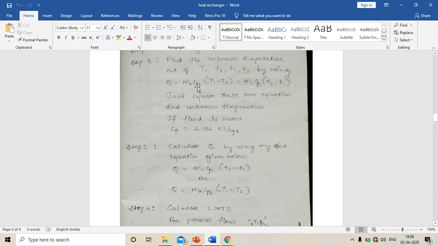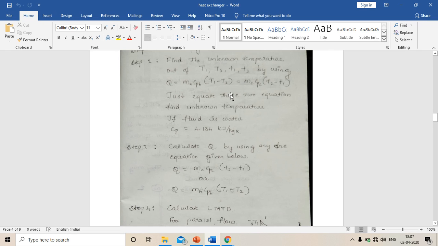And what you need to do is just equate these equations, mHCpH into capital T1 minus capital T2 equal to mcCpc into small t2 minus small t1. Out of this, mH will be given, CpH will be known, mcCpc will be known, any three temperatures will be known, so only one unknown temperature will be here.